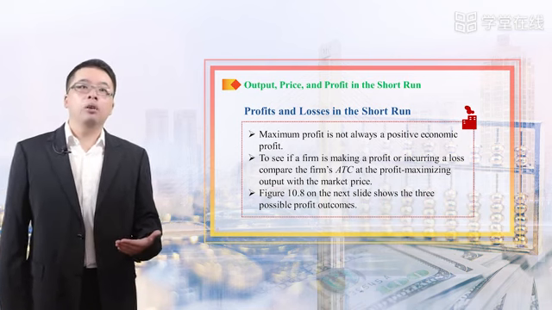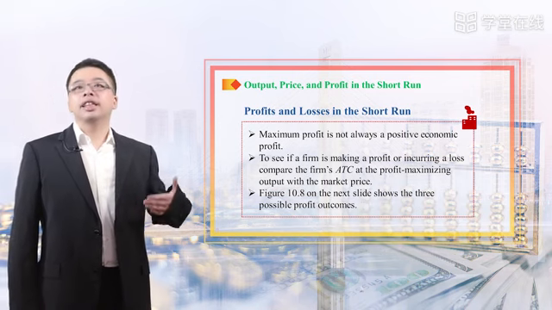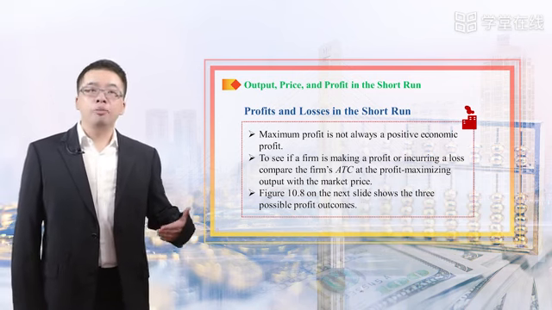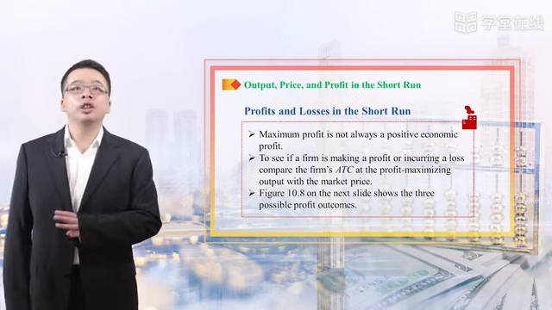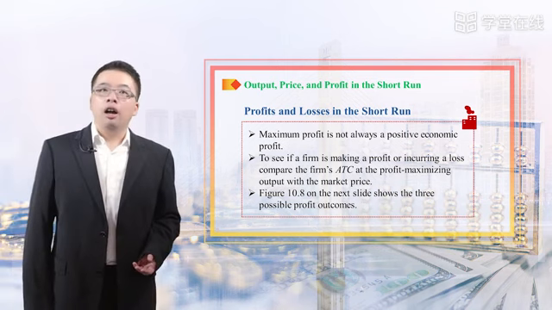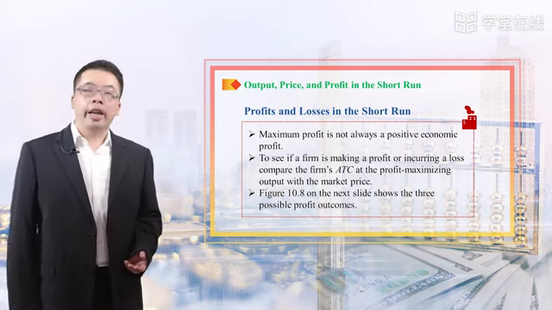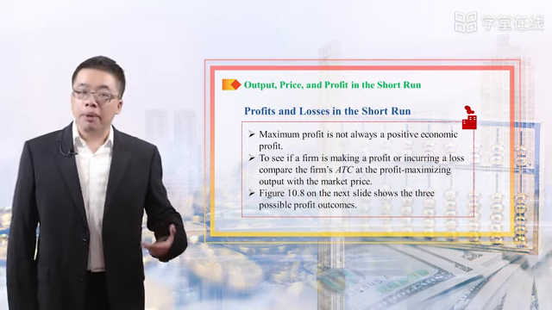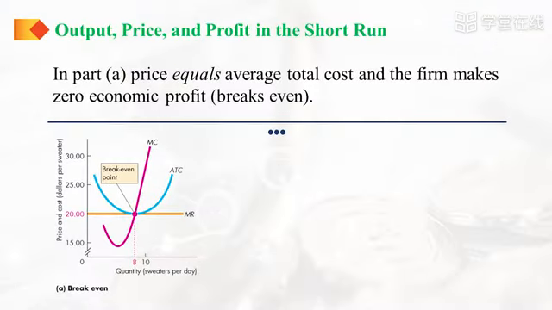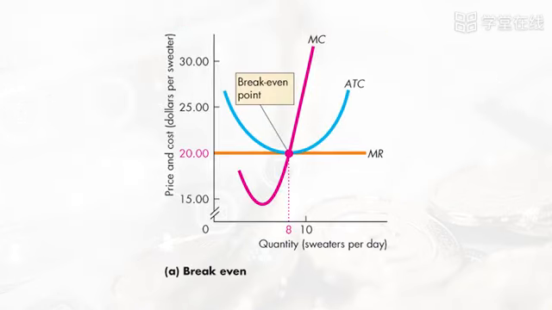The next figure, 10.8, shows three possible profit outcomes of a short-run market in a perfectly competitive market. In part A, the price equals the average total cost, which means that the firms make zero economic profit, or we call it breaking even. The economic profit is zero.